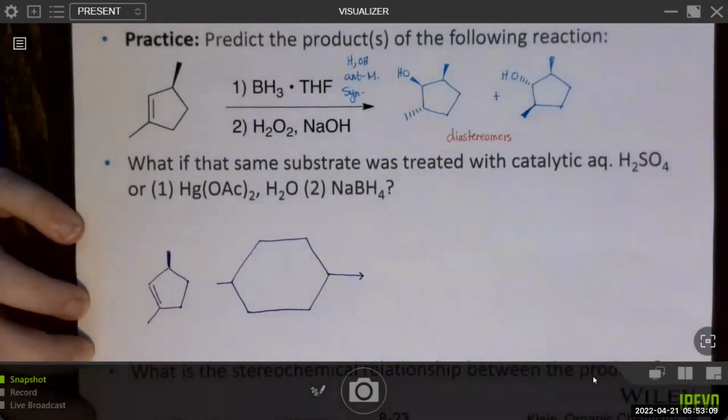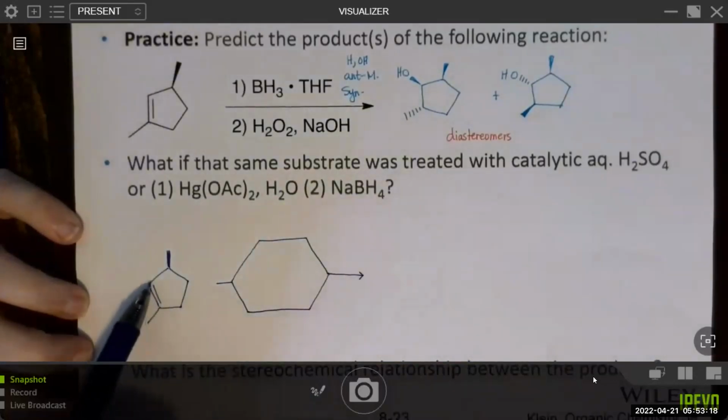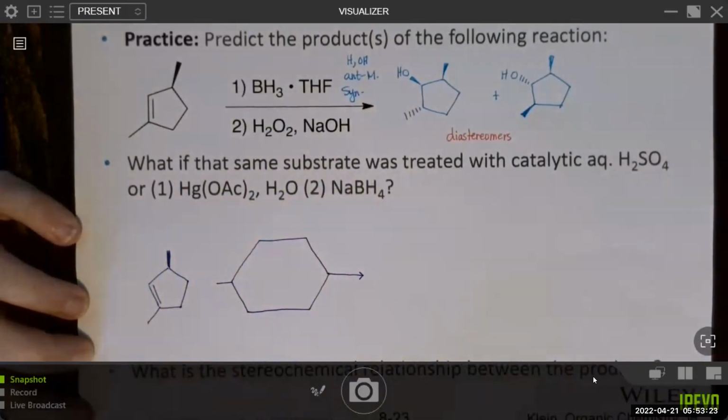And you'll see why I'm doing it this way in a minute. The reason is because this is going to give me Markovnikov selectivity. So my H will go here, my OH will go here, and this will not become a chiral center. And this will go through a tertiary carbocation, which will not rearrange. And since there's no rearrangement, the product in either case of the two different sets of conditions will be the same.